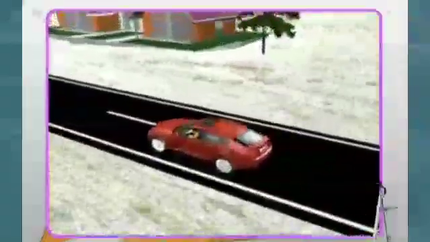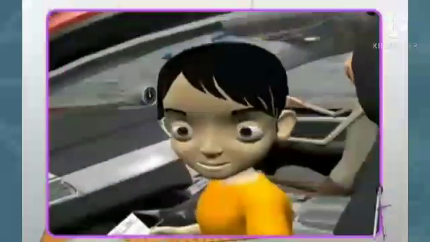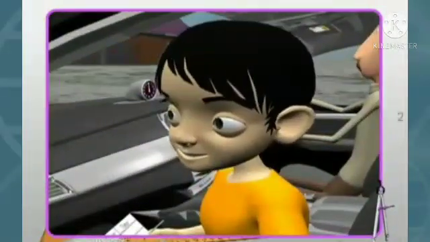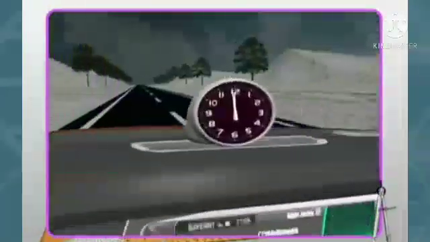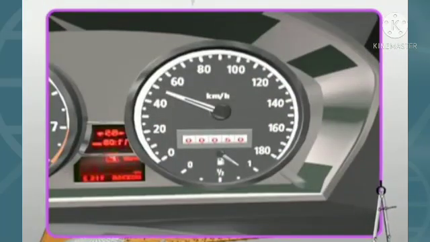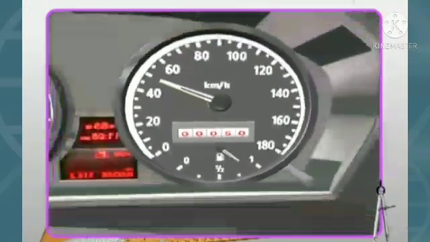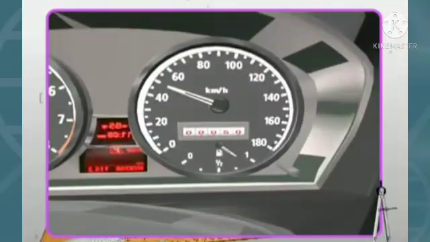Let's begin the module on plotting a linear graph. A little boy is on his way to visit his aunt. At noon, the odometer measures the distance traveled by his car as 50 kilometers. His car had been moving at a constant speed of 50 kilometers per hour.